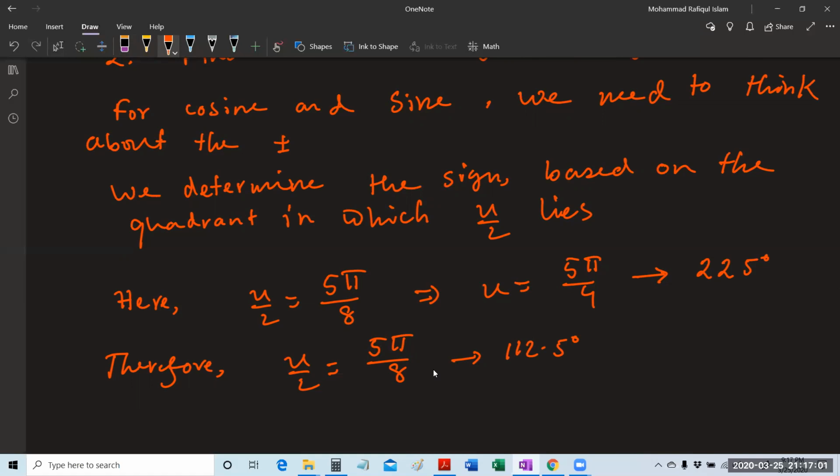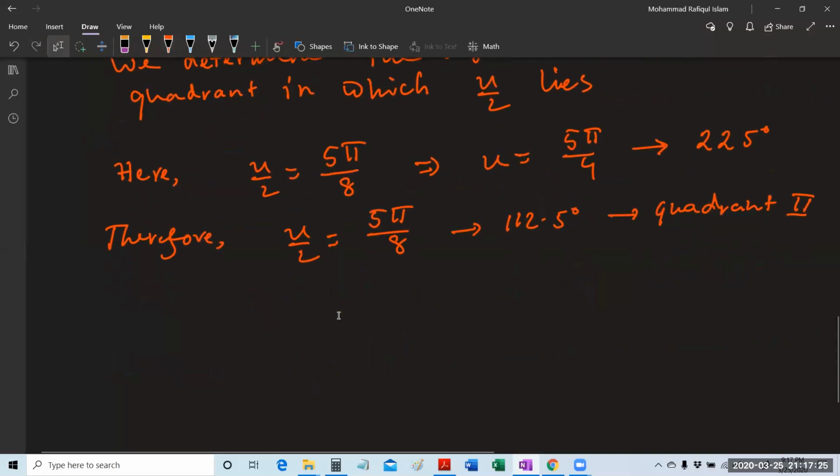And this is quadrant 2. So our u by 2 is in quadrant 2. So in quadrant 2, cosine is negative. So we will use the negative version of the formula.